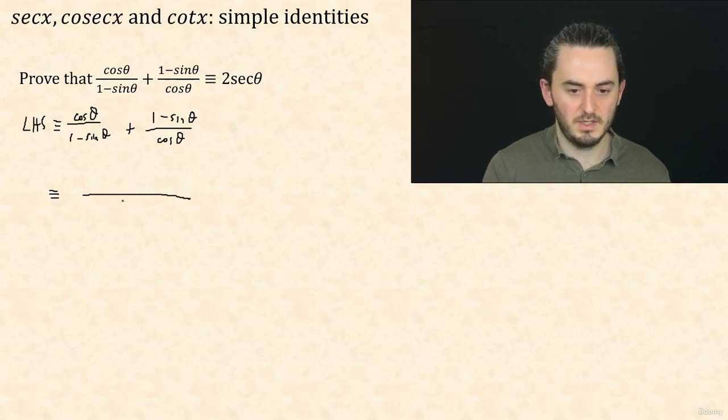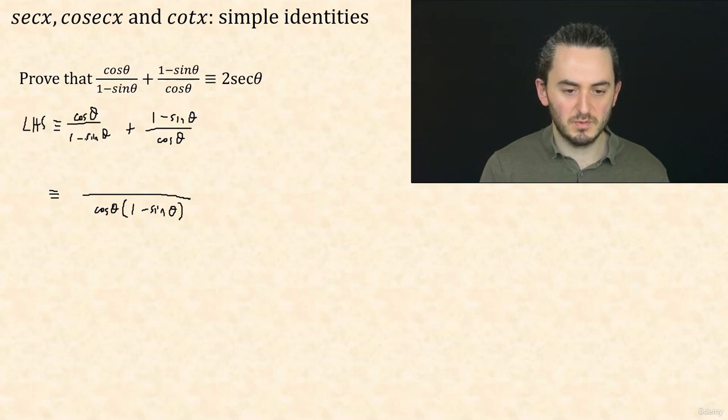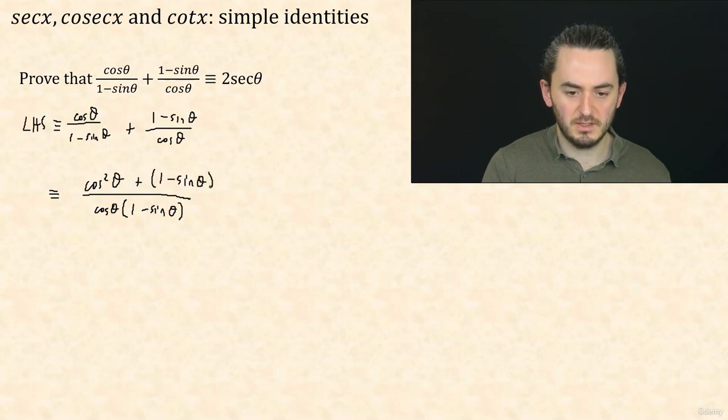So that is cos theta multiplied by 1 minus sine theta. Okay, and what have we got on the numerators? Well, I multiplied top and bottom here by cos theta. So that gives me cos squared theta. And I multiplied top and bottom here by 1 minus sine theta. So I've got 1 minus sine theta squared.